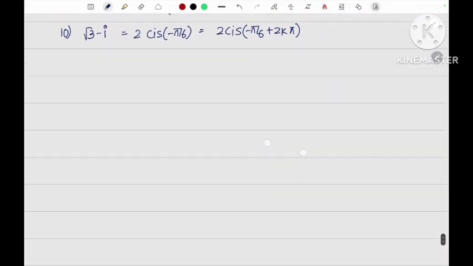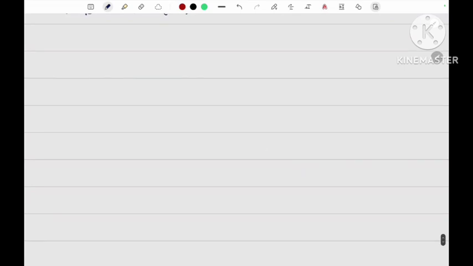Now after seeing this, let me solve a few simple examples before we go to the little more complicated questions that came in JEE. But before that, a few basics. So let us say, for example, 1 plus i root 3 to the power 12.